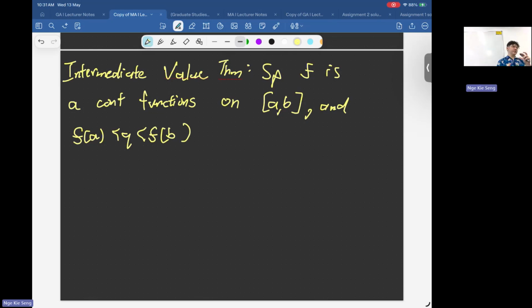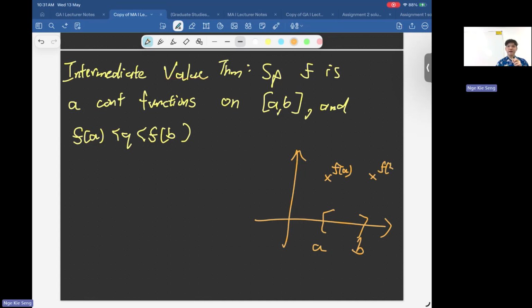From here, you should have a picture in your mind already. There's a closed bounded interval [a,b], there's f(a), f(b).